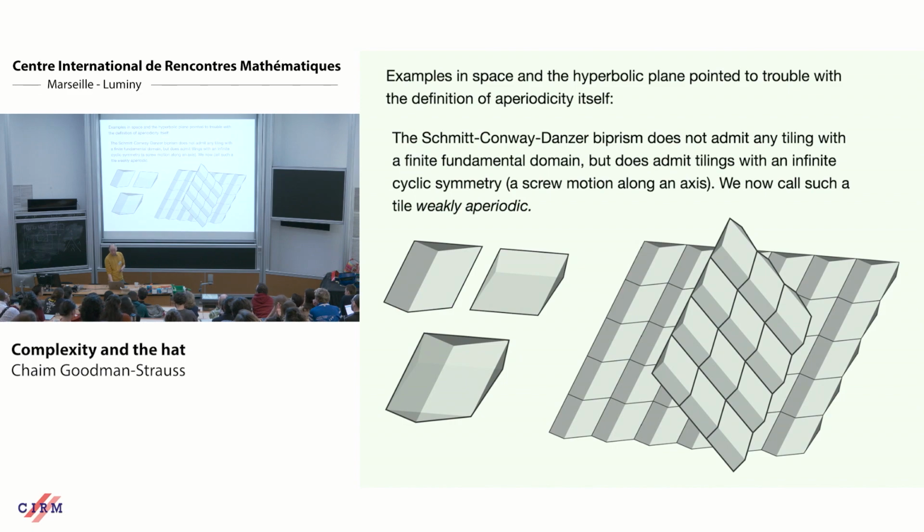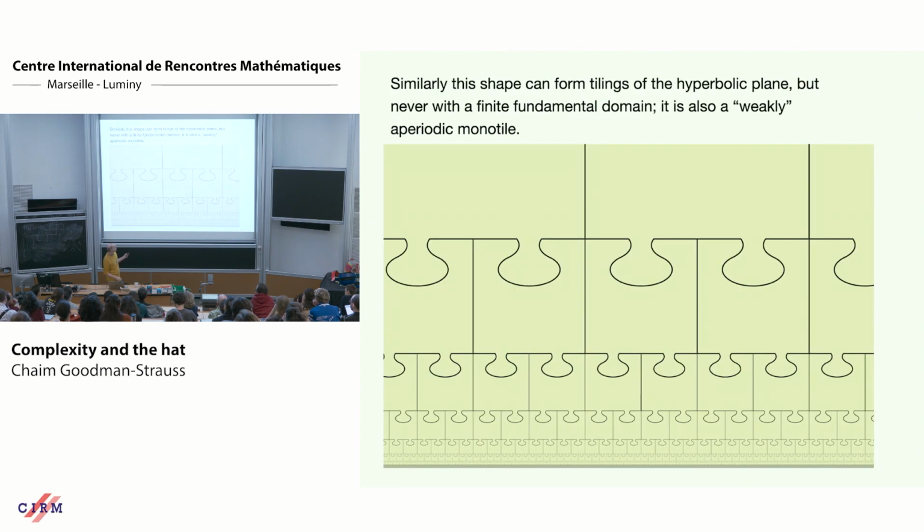Another problematic example is this one, which I've mentioned before. Okay, so in any case, this thing I mentioned before is weakly aperiodic. It has no compact quotient, but it does admit tilings with an infinite cyclic action. Namely, you could just translate up and down this thing.